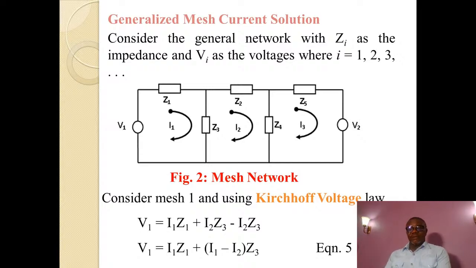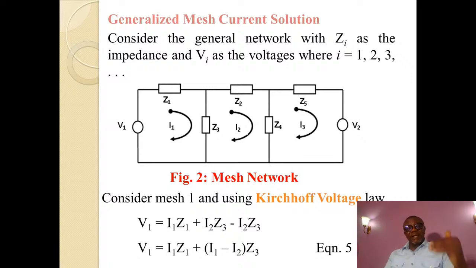You will have that V1 is equal to I1 Z1 plus I2 Z3 for now. It doesn't really matter the signs. When you finish computing, if you have a negative sign as a result, it means that the current is the other way, not the way you took it to be.